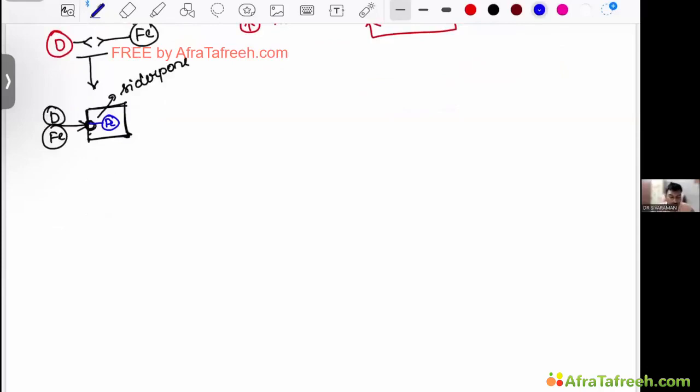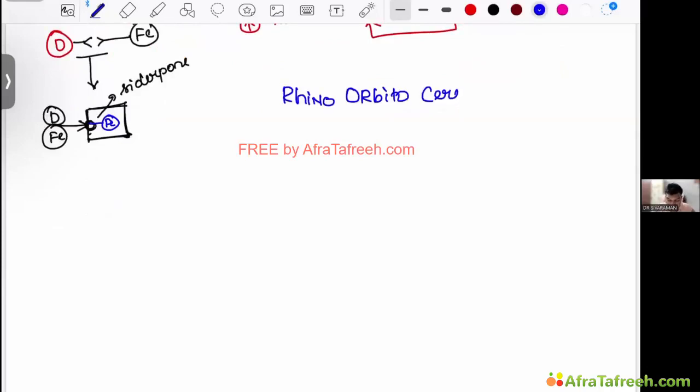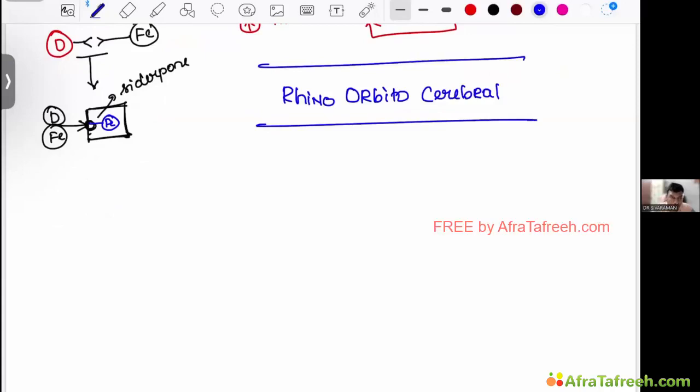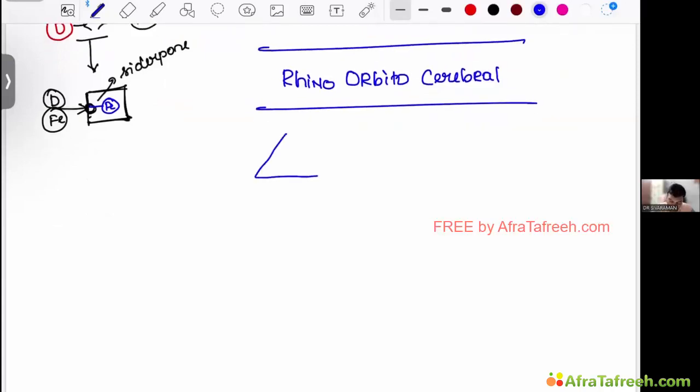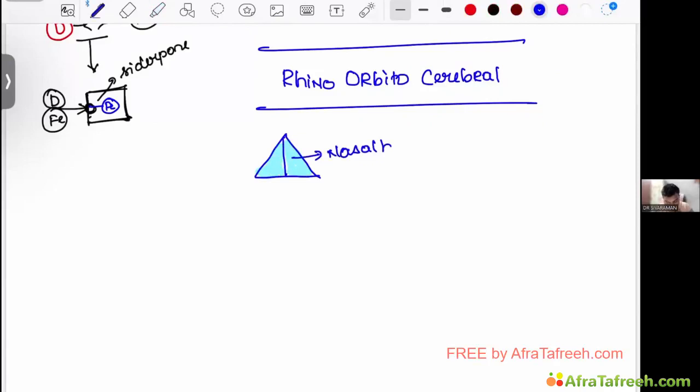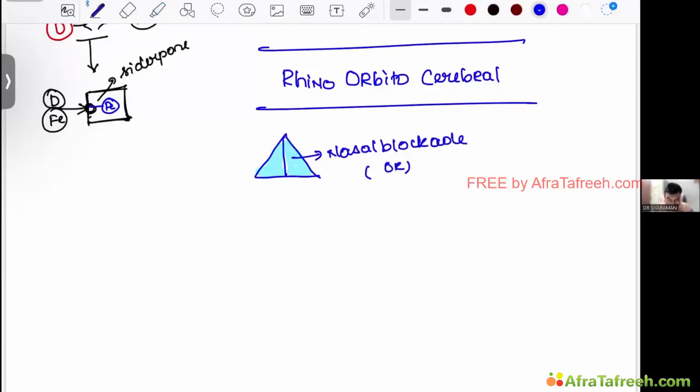Okay, so when will you suspect rhino-orbito-cerebral mucormycosis? Whenever a patient comes to you complaining of nasal blockade or congestion, and this mass will compress the nearby nerves and cause facial numbness.